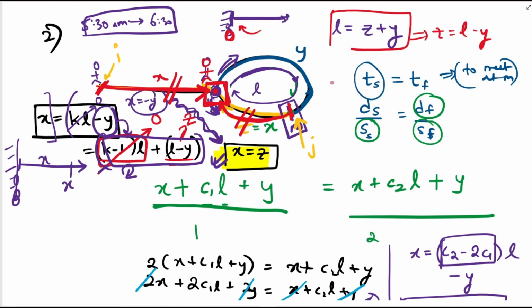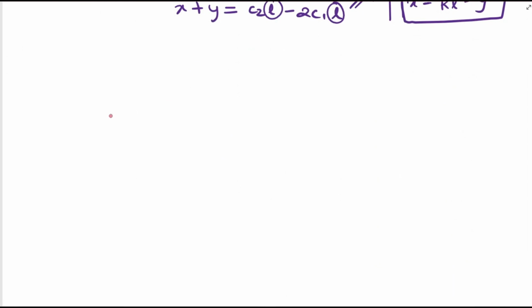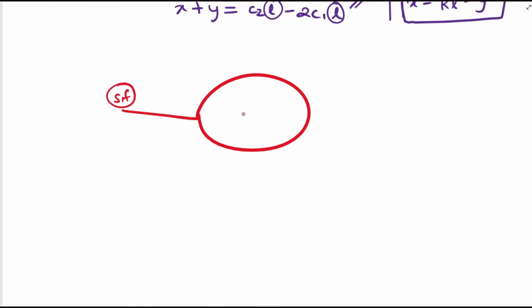So that is the fact that we will use. In our code, we will first use the slow and fast approach. Then we will land up at some meeting point where S and F meet.